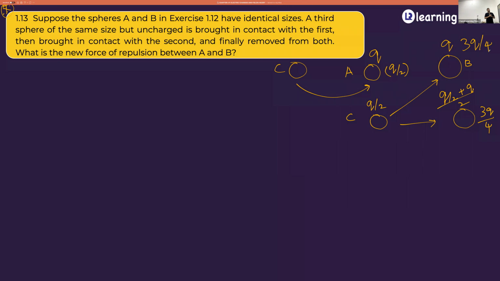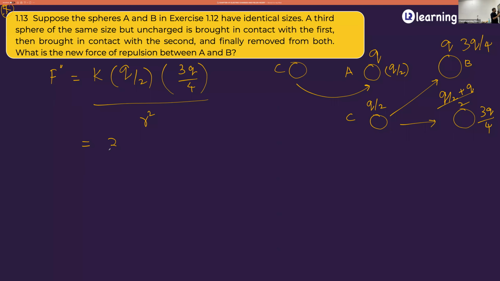Okay. So what is going to be the new force of repulsion between them? If I call it as F double dash, then it is going to be K multiplied with the new charge Q by 2 on A and the new charge 3Q by 4 on B, the whole divided by R square. Distance is the same, right?